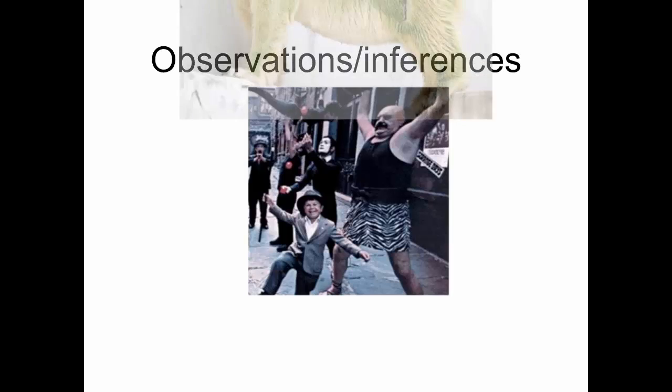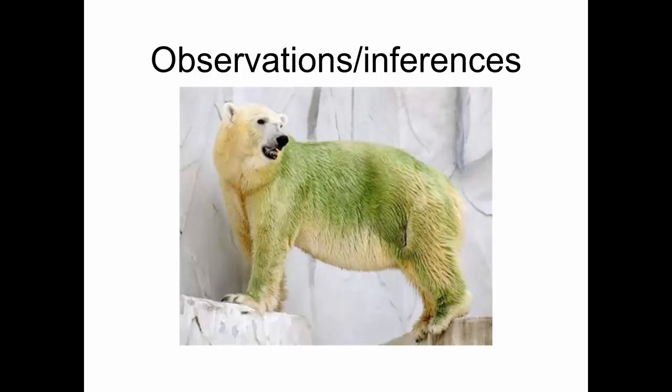All right. Observation about this. Aiden? This polar bear is balancing on two ledges. Okay. How about an inference based on this? Casey? The polar bear is flat.